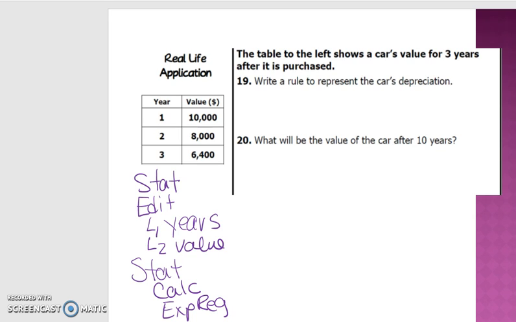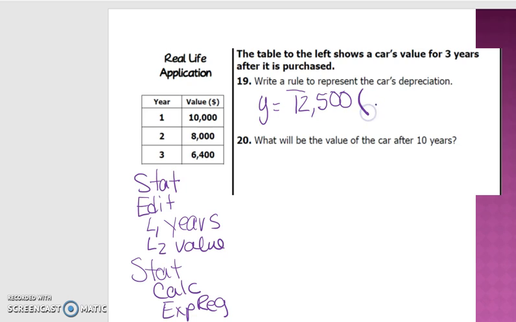Alright, so once you put that into Stat Edit, and then you did Stat Calculate exponential regression, you should have gotten an equation. So that's the rule they are looking for, the equation. Alright? So our equation says y equals, the first term was 12,500.